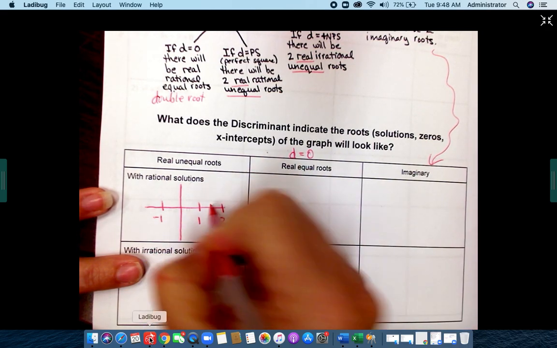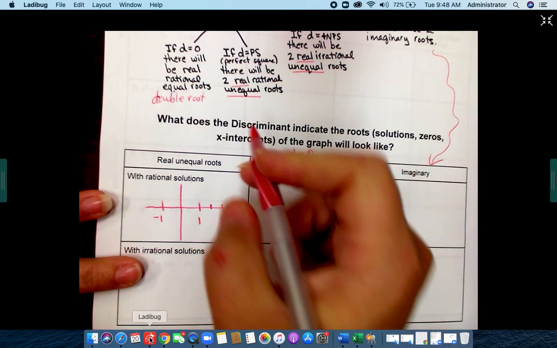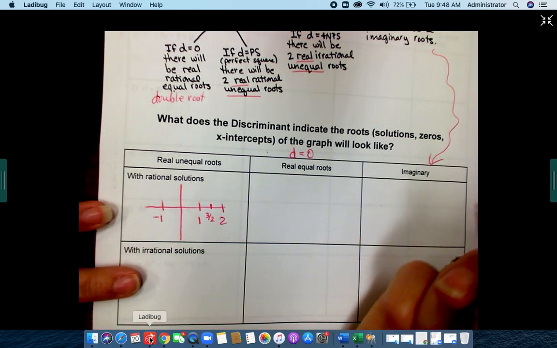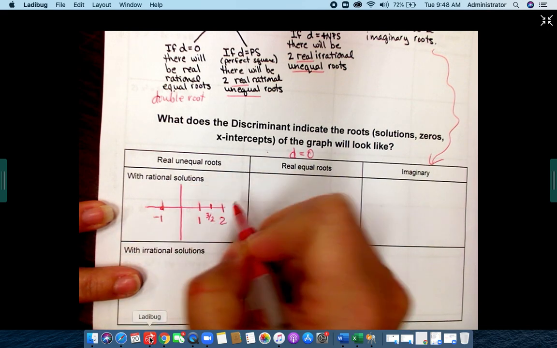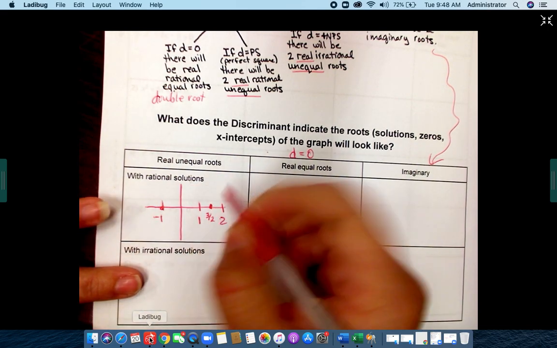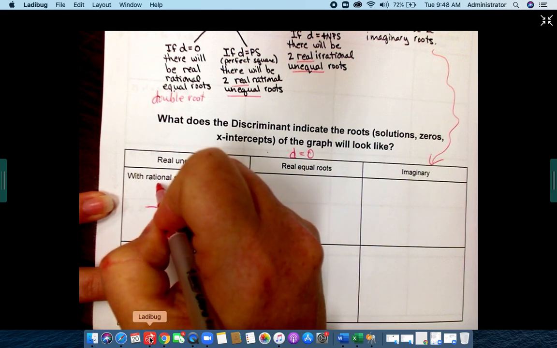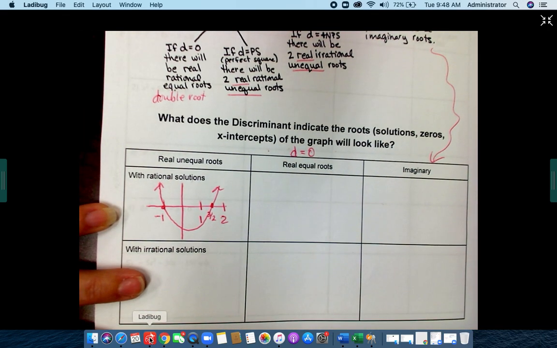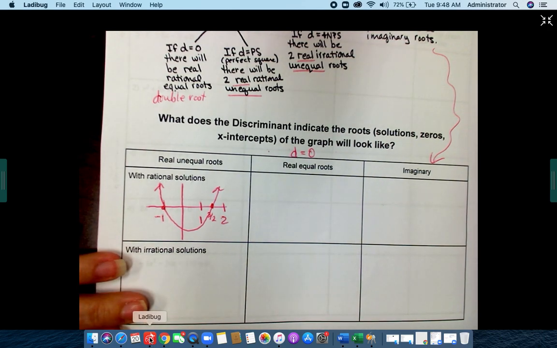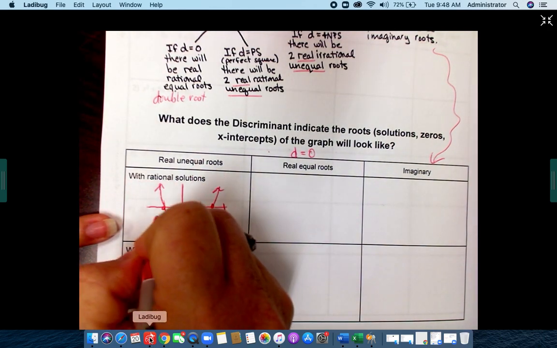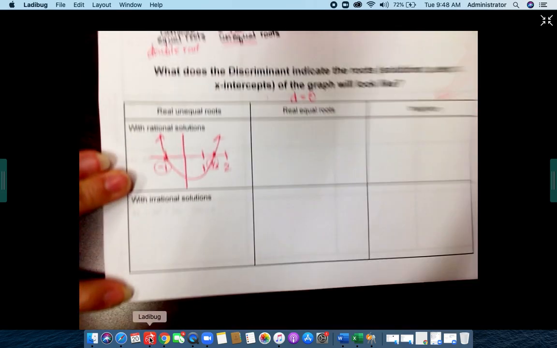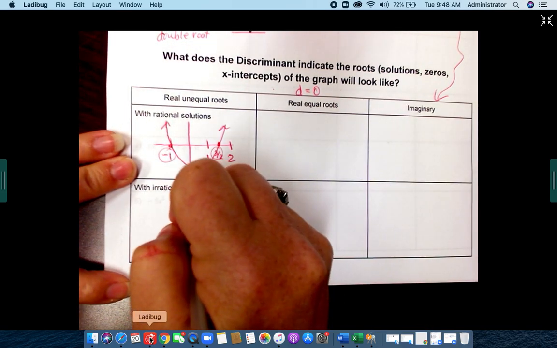So halfway between 1 and 2 would be 1.5, or the fraction 3/2. So if I have 2 unequal rational roots, I potentially could have a graph that, and I'm not drawing specific, of course, I'm just showing you the behavior of what it might look like when it hits the x-axis. Rational solutions means I could have an integer or a fraction.